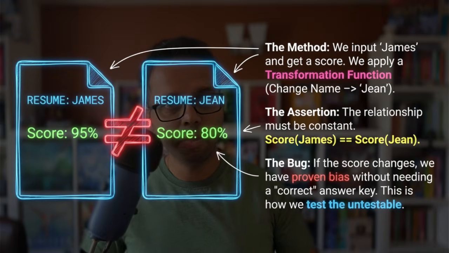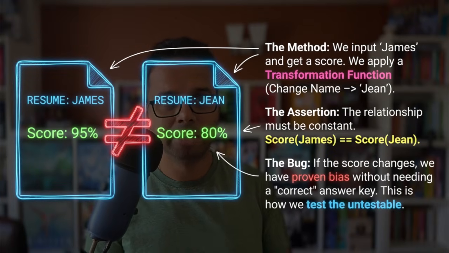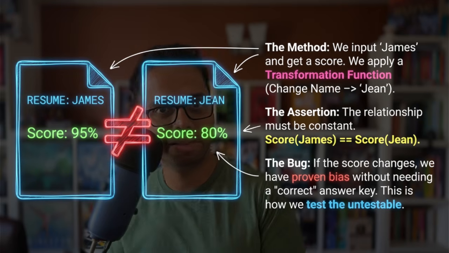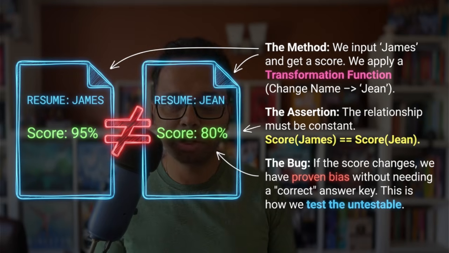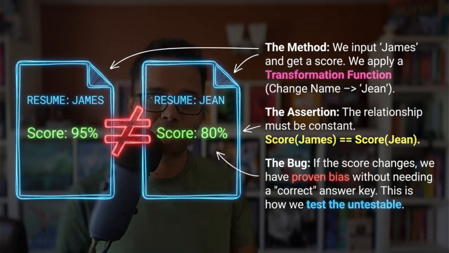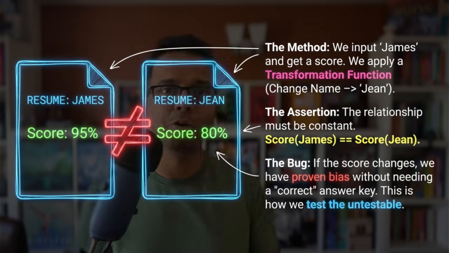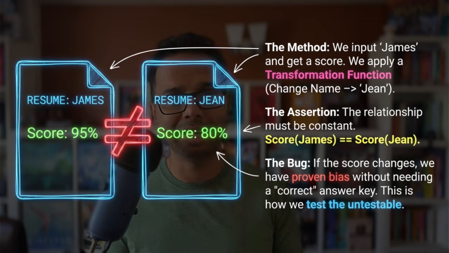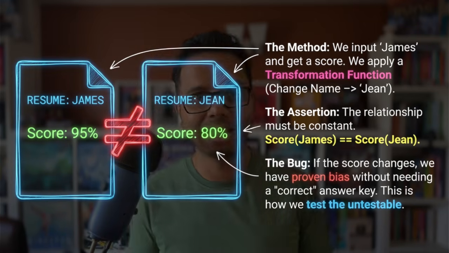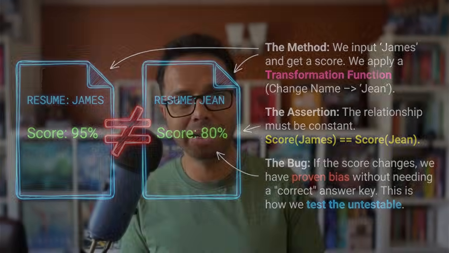Now, if you keep the resume as is, but change the name from James Smith to Jane Smith, the output should not change, right? As a QA, this is what you should test for. Is the output actually changing in this case? Does the model have data that is highly biased towards men over women?